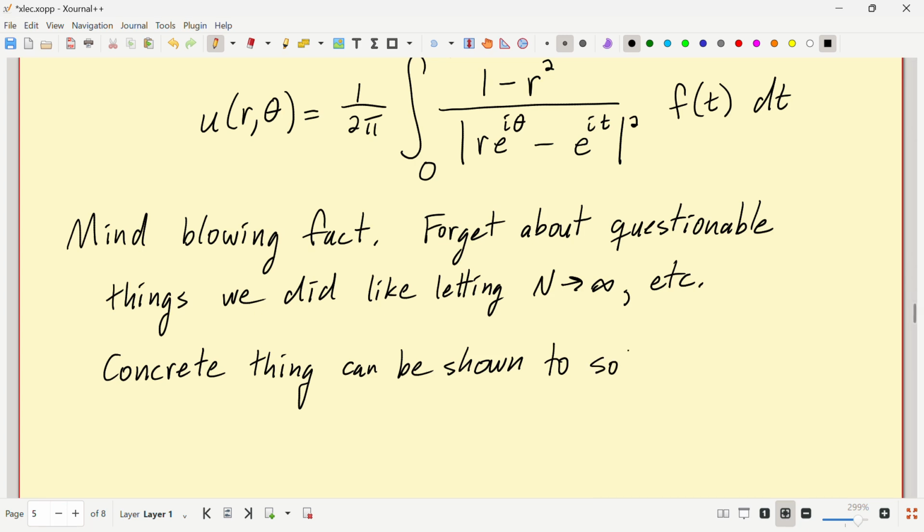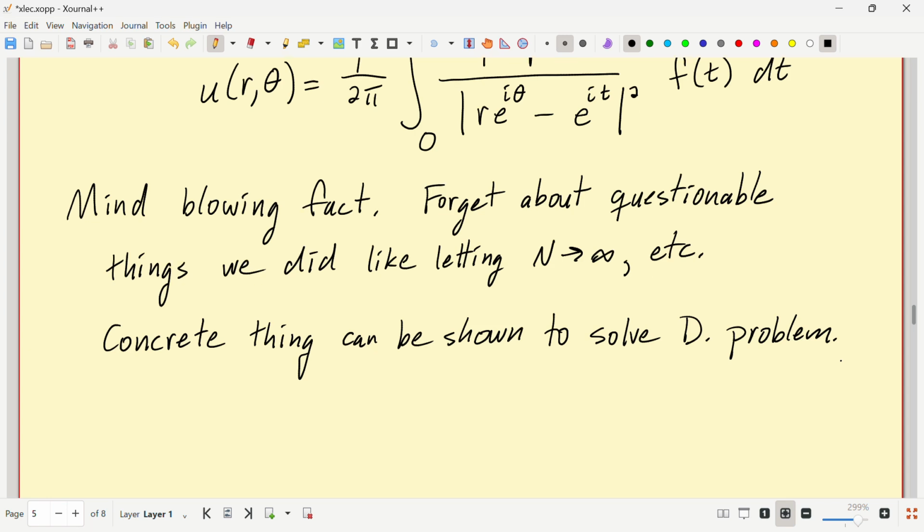So, for example, it's harmonic in r and theta. You can differentiate under the integral sign. It's a very clean, nice formula that you can do stuff like that with. And so you can differentiate under the integral sign and see, sure enough, that's a harmonic function.